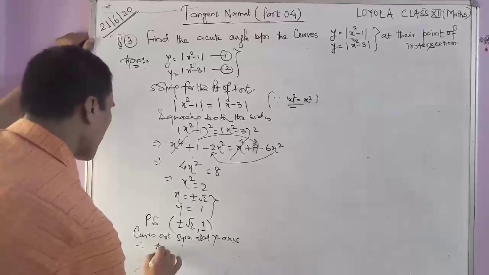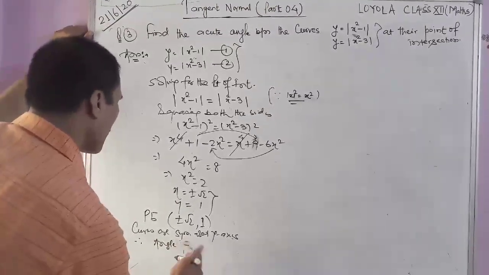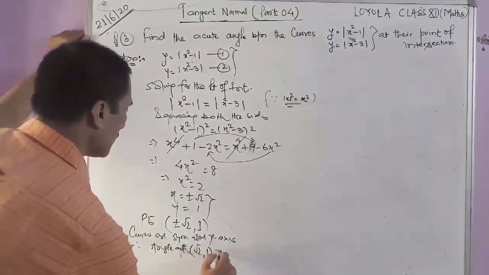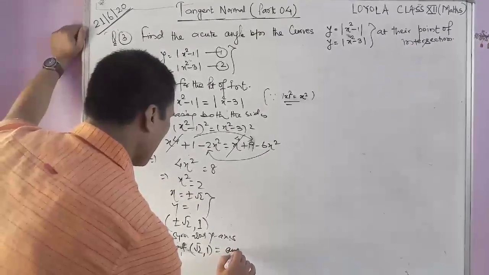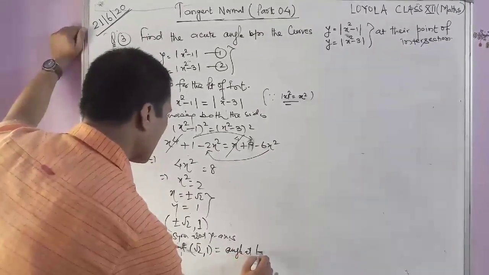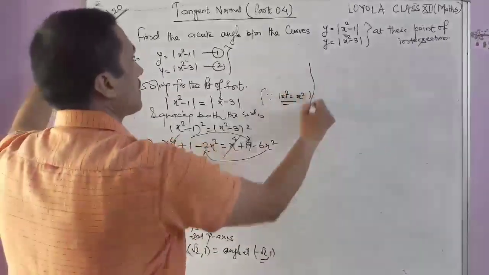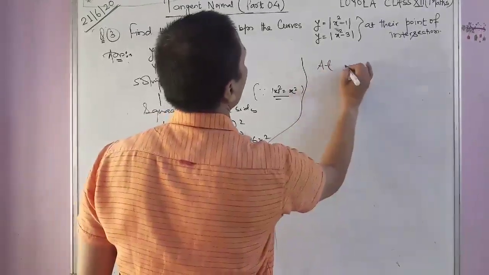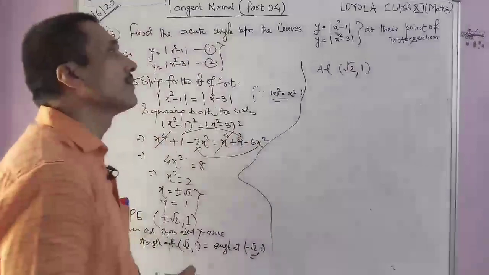Therefore the angle at the point (root 2, 1) will be equal to the angle at (minus root 2, 1). So we find the angle of intersection at (root 2, 1).